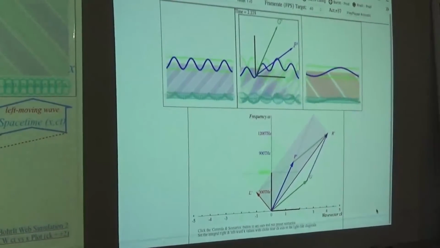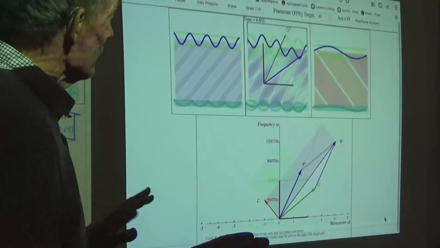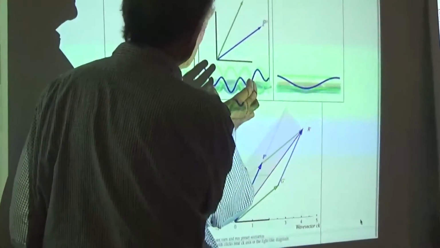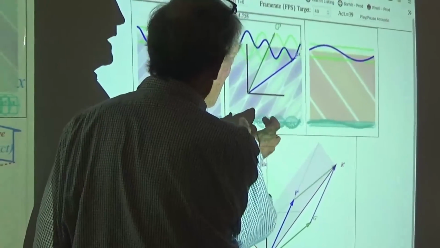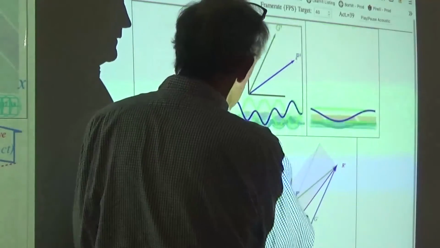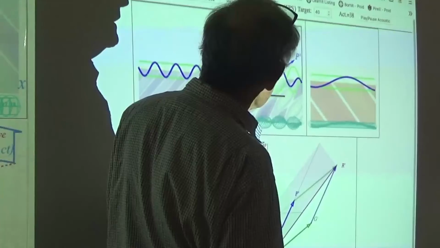And there's Minkowski. That's a Minkowski graph showing everything there is about relativity in terms of space and time. It shows that the length that I had before has contracted. There's a little parallelogram right there, okay?